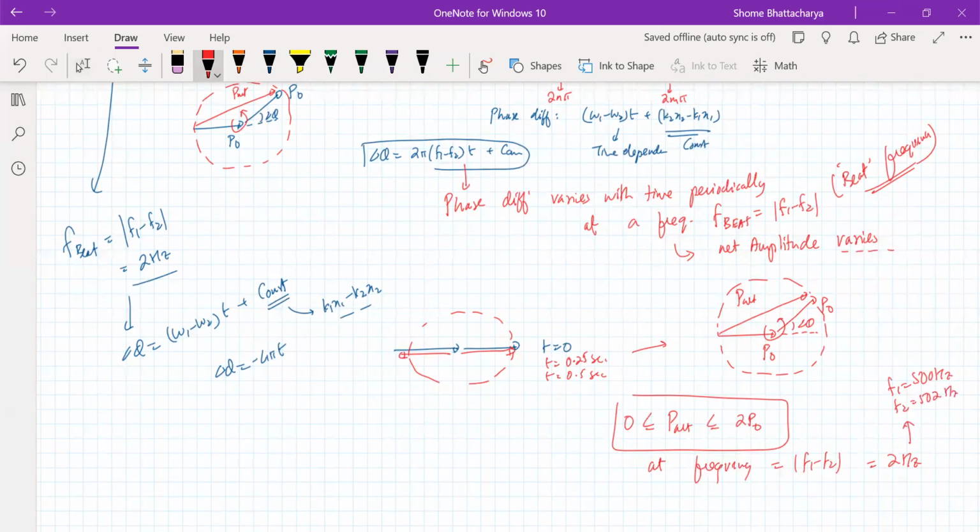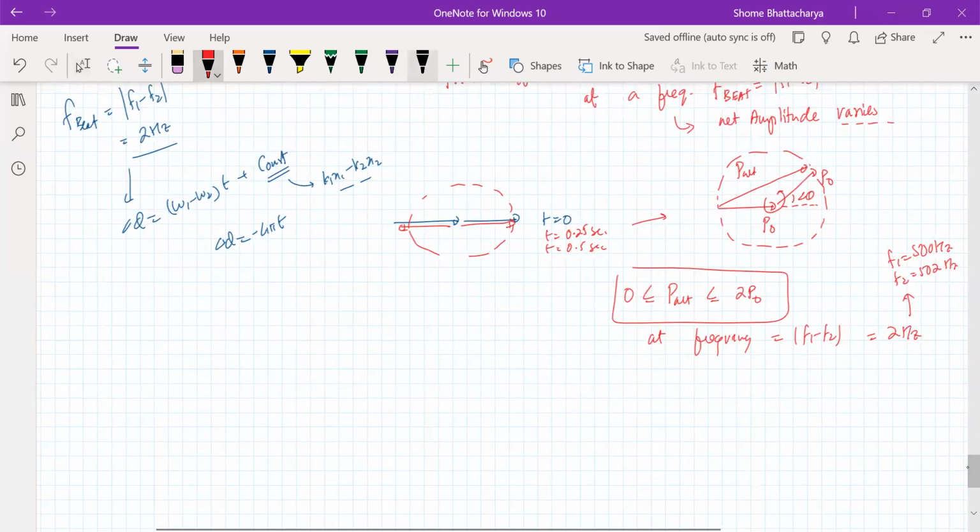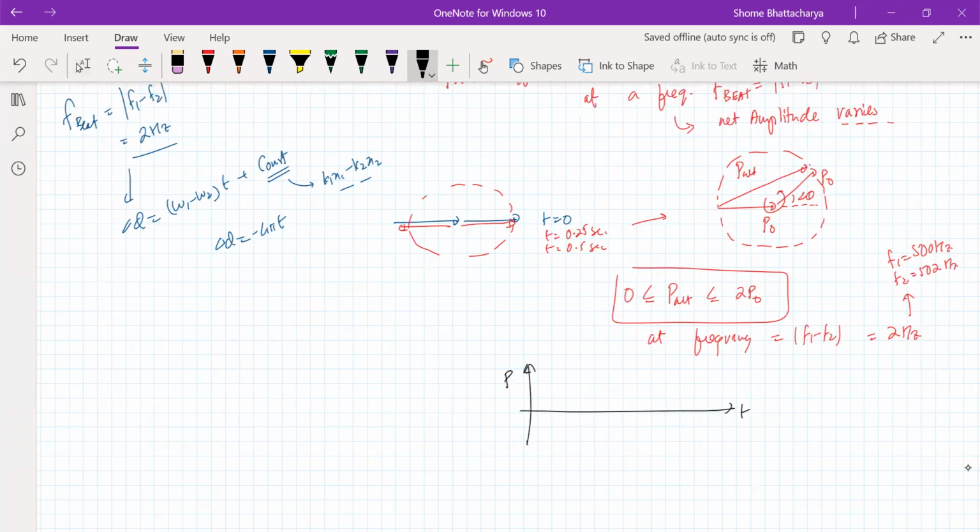That means the resultant sound that we'll hear will have a time varying intensity or a time varying amplitude. So what we will hear is a pressure variation with respect to time, which looks something like this.